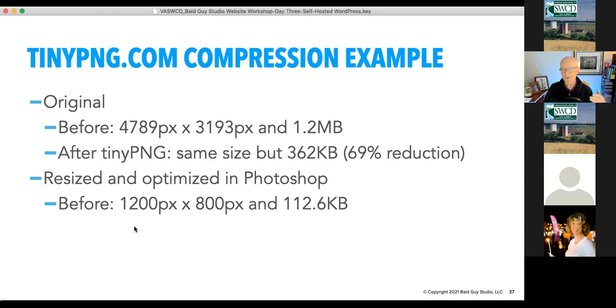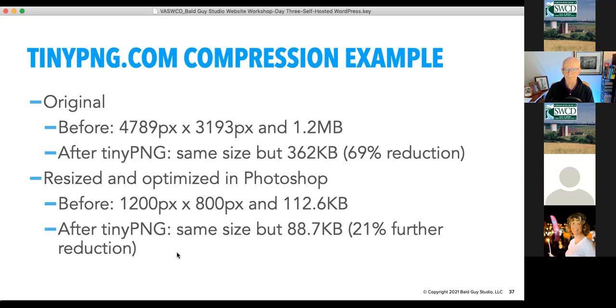And natively, when I exported it out of Photoshop, it had already dropped down to 112.6 kilobytes. So it was now nice and small just by going through Photoshop. It had already been resized and optimized for the size that the file was.